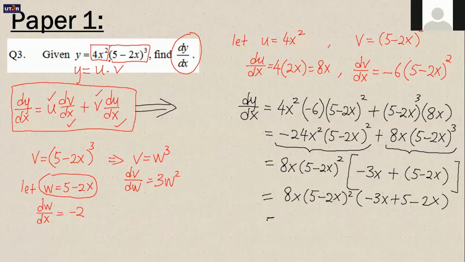So simplify it. We have 5 minus 5x. So do you realize that 5 minus 5x also got common factor 5? So we factorize the 5, multiply with 8. That's why we have 40.